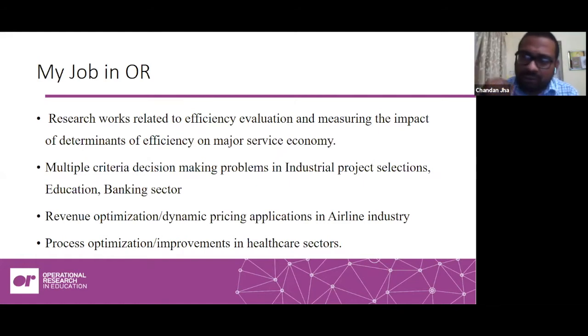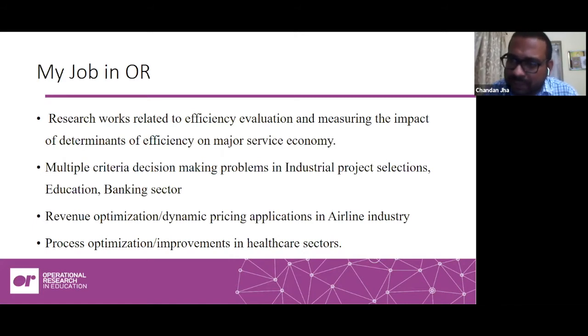Different levels means we can evaluate efficiency at the individual level, departmental level, institutional level, state level, country level, or do a cross-country comparison for any service economy sector or manufacturing sector.